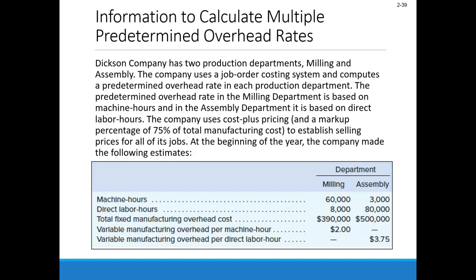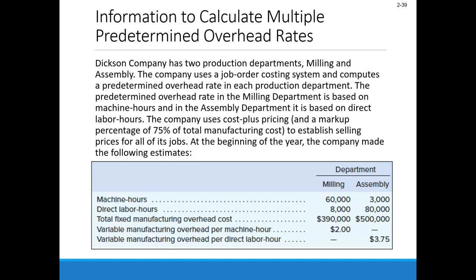The predetermined overhead rate in the milling department is based on machine hours, and in the assembly department, it's based on direct labor hours. The company uses cost plus pricing and a markup percentage of 75% of total manufacturing costs to establish selling prices for all of its jobs.